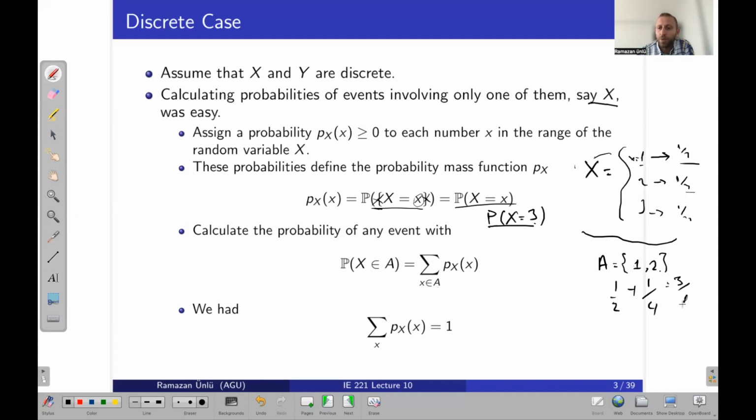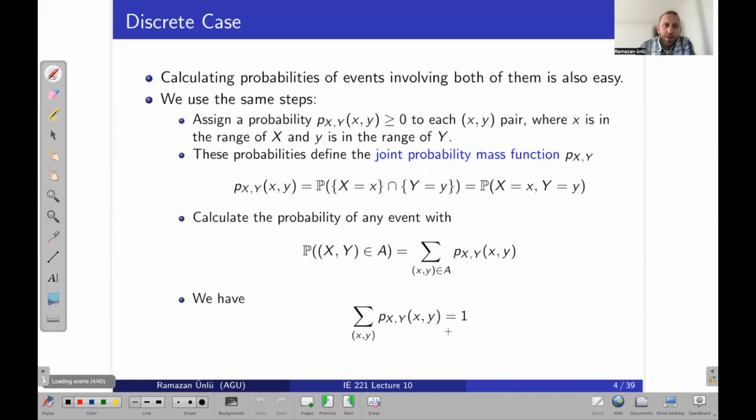So the probability of A is 3/4. This is the probability of X within A, in other words the probability of event A. We also know that the summation of all possible probabilities is 1, from the normalization axiom. That is how we do things for a single discrete random variable.